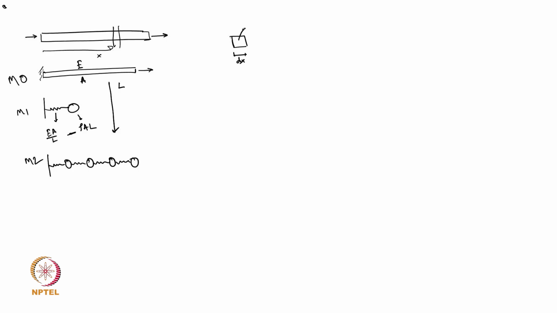Now this has Young's modulus E, area A, and density rho. So how much mass does that element have? The area is A, so the mass is rho into A into dx.